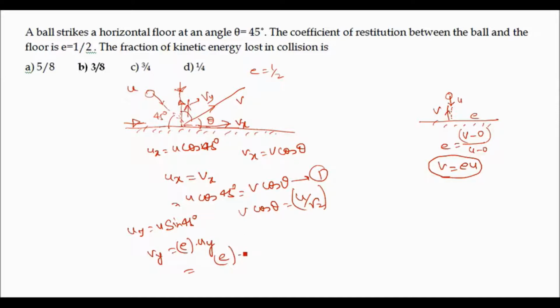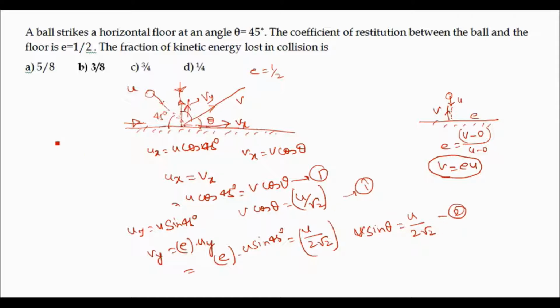So we get e into u sine 45 degree, and it comes equal to u by 2 root 2. So v sine theta is equal to u divided by 2 root 2. So if this is our equation 1, this is our equation 2.